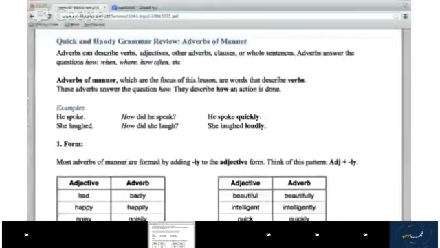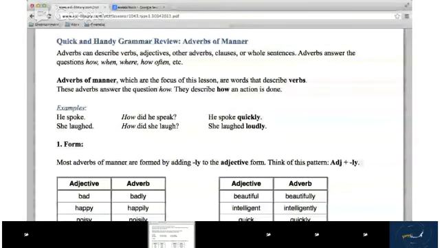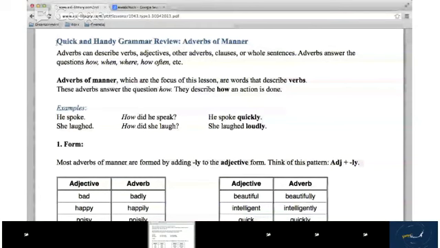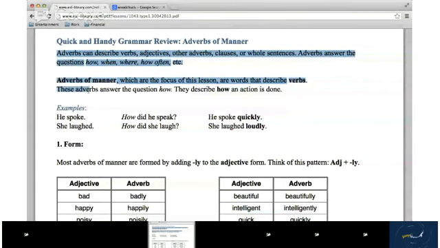I'm going to start off over on the right-hand side with Yusuf Yem. Let me have you read under where it says quick and handy grammar review. Let me have you read these two paragraphs as well as the examples. Go ahead, please.